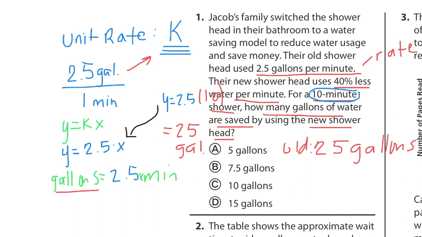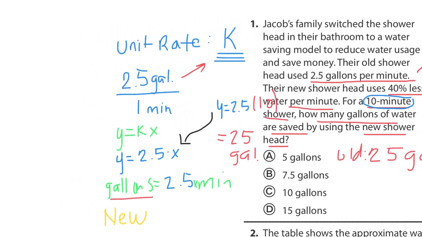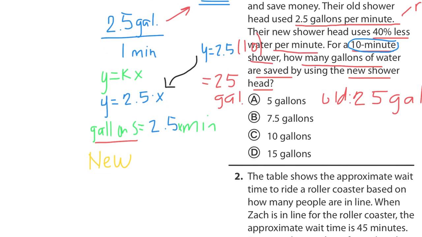So the old one produces 25 gallons or wastes 25 gallons. Now let's look at the 40% water per minute for the new one. So the new one, let's see, it's 40% less water per minute. So 40% less water is going to be, let's picture a gallon.